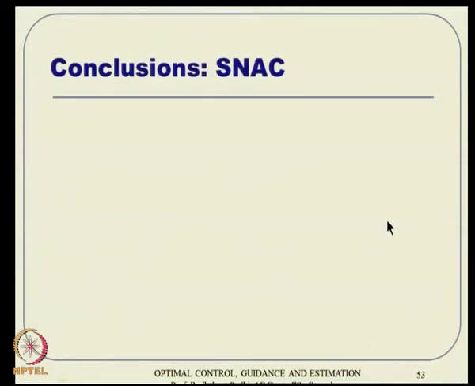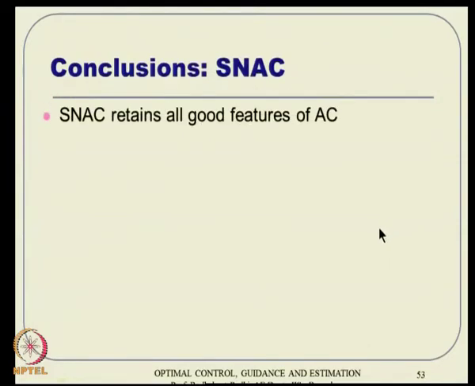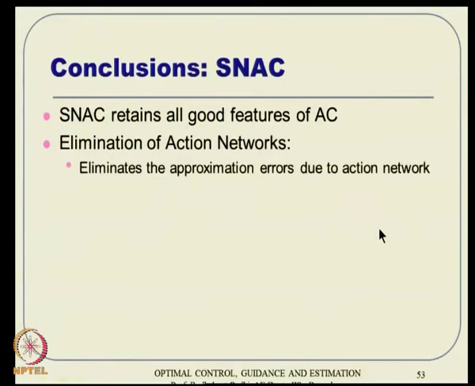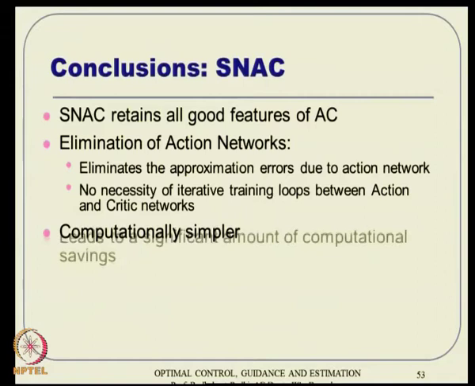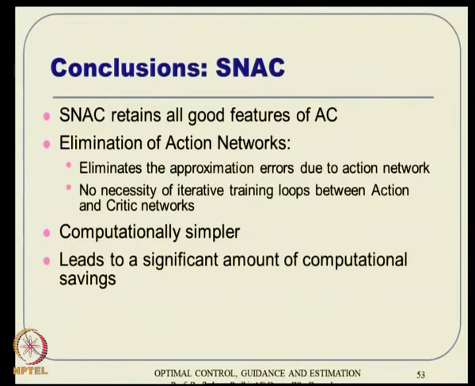So, conclusions about SNAC: SNAC retains all good features of adaptive critic, it eliminates the action network, and hence it eliminates the approximation error due to action network, and also there is no necessity of iterative training loops between action and critic networks. Computationally it is simpler, and hence writing the program also becomes simpler, and it essentially leads to a significant amount of computational savings actually.